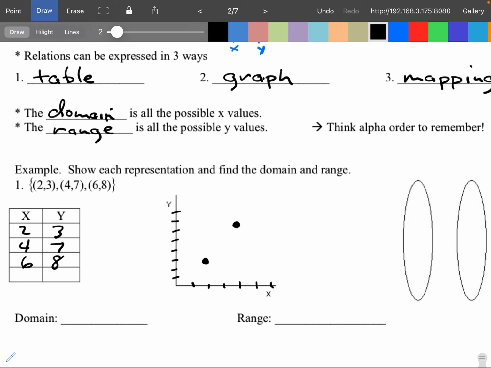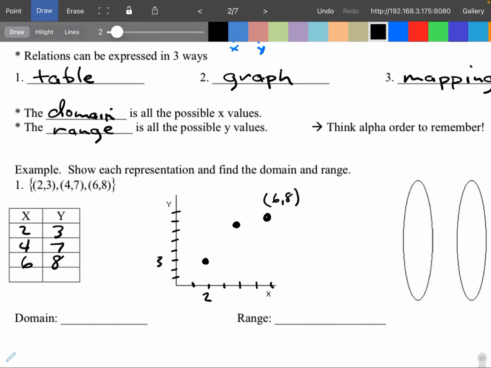So 2 comma 3, that's going to be 2 right, 3 up. So that's right here. And then 4 comma 7, that's 4 right and 7 up. So that's about right there. And then the last one is 6 for x and 8 for y. So that would be right up here.